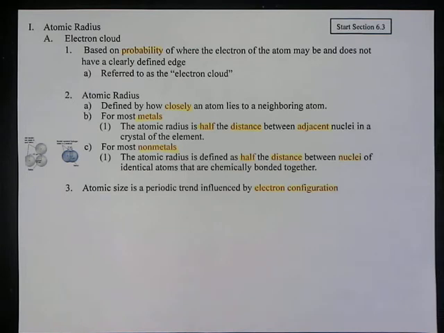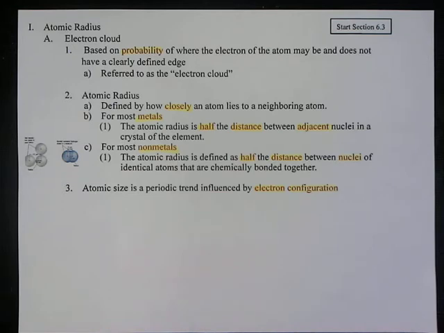The radius is measuring how close an atom lies to its neighboring atom. Now, there's a slightly different definition for metals and nonmetals. For metals, it's considered half the distance between two adjacent nuclei of a solid metal.